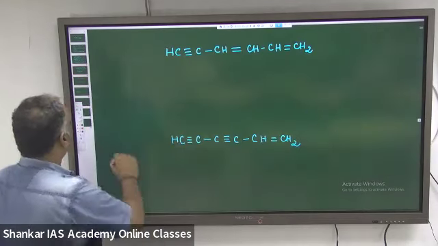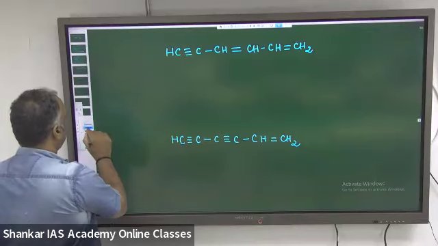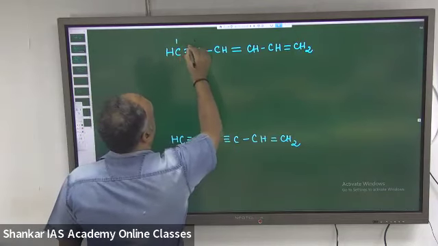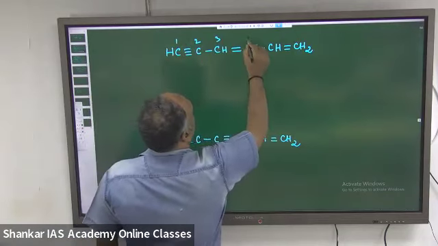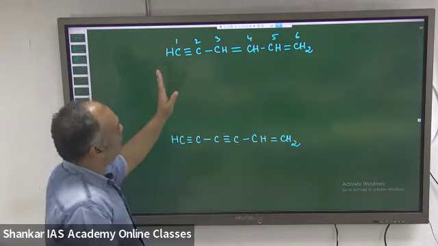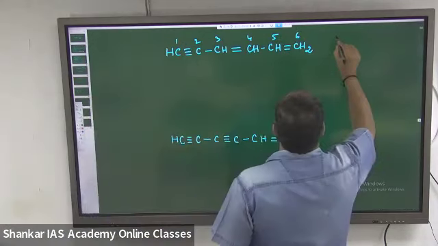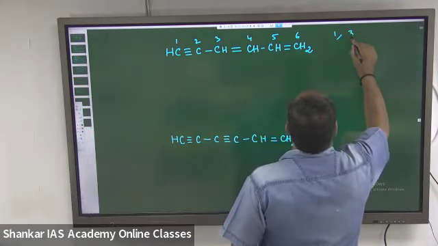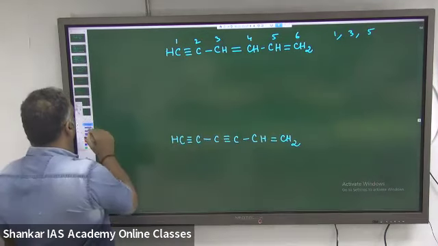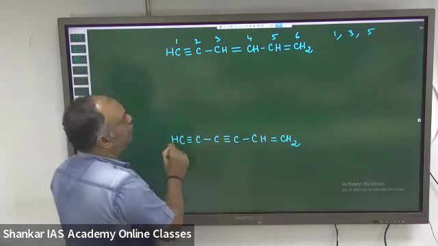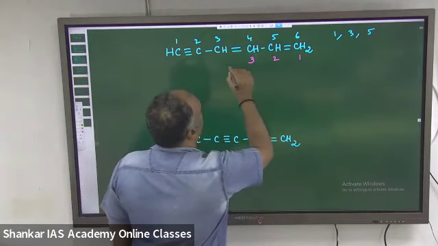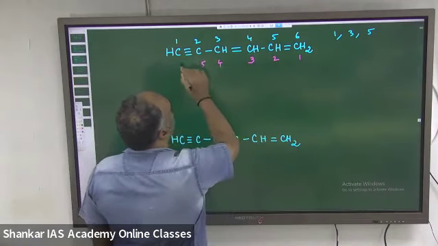Okay, so again what you have to do is number from either side, left to right: 1, 2, 3, 4, 5, 6. In this case you have functional groups at 1, 3 and 5. I'm now going to number from right to left: 1, 2, 3, 4, 5, 6.